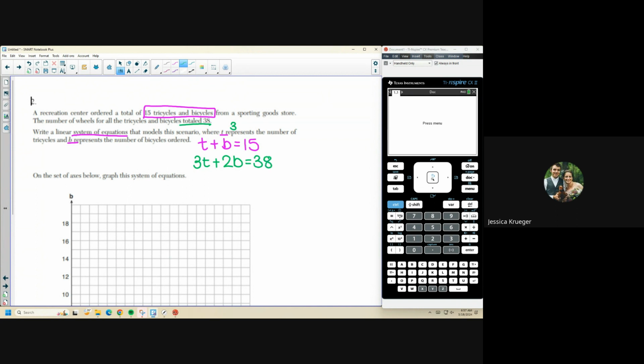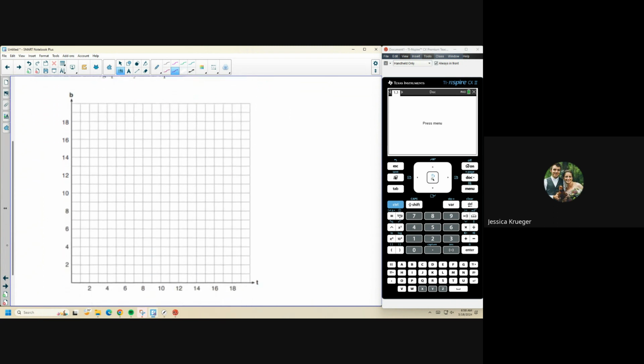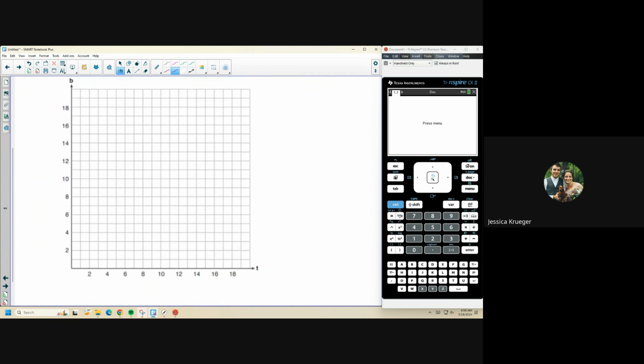Now it says in the set of axes below, graph the system. So I'm going to go ahead and use my calculator to help me graph this. And in order to do that, I'm going to look and see what is set up on my x-axis. On my x-axis is T for tricycles, and on my y-axis is B for bicycles.